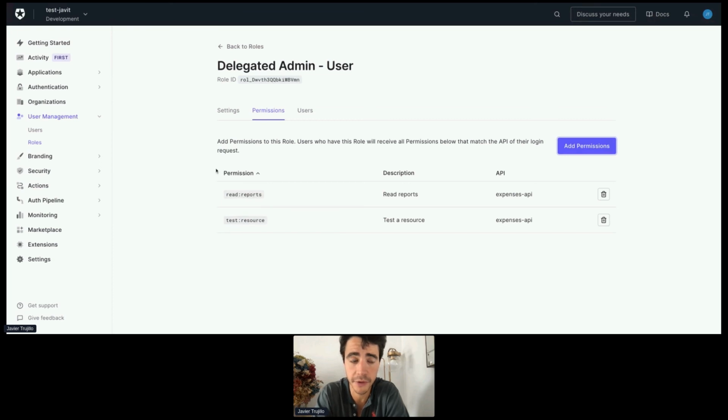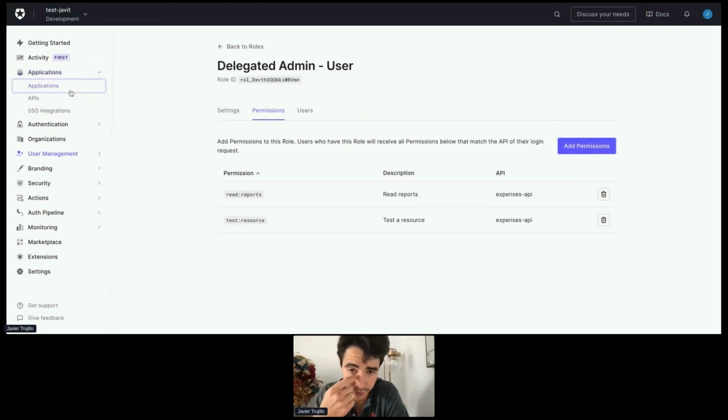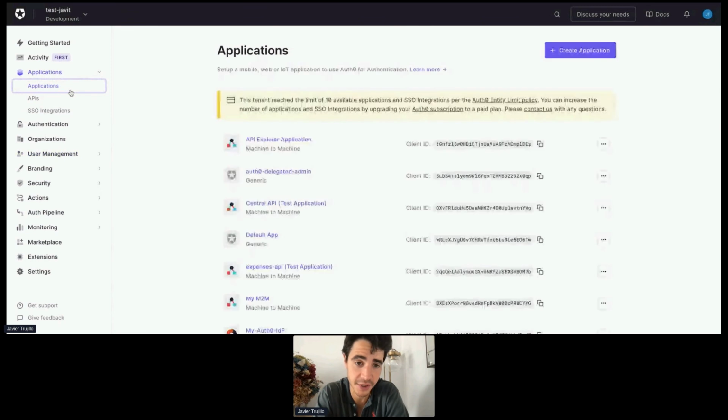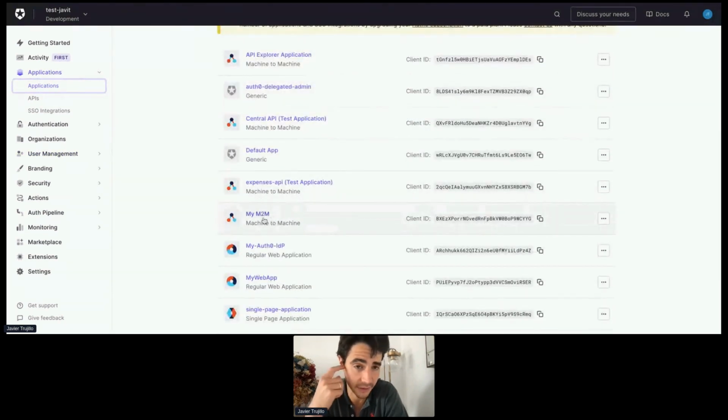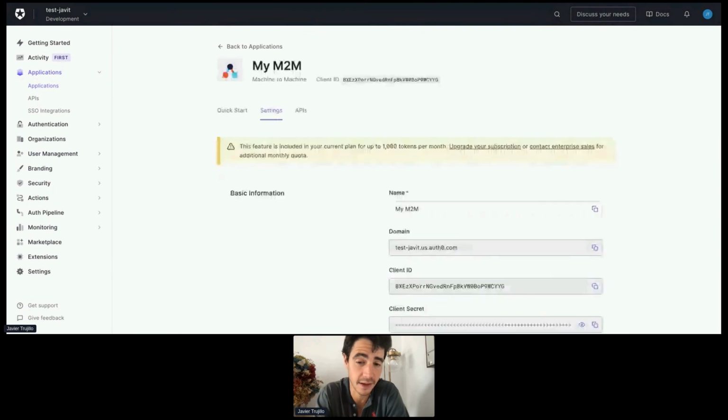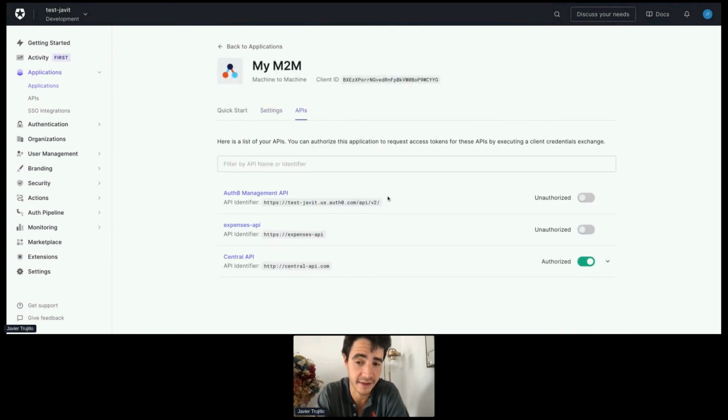This would be for the user-driven flow, because you can assign a role to a user. In other cases, when an application is not user-driven, which is more like machine-to-machine, as I said earlier, you will create an instance of a machine-to-machine application, and then define the APIs it can access and the actual scopes of that API it can use.